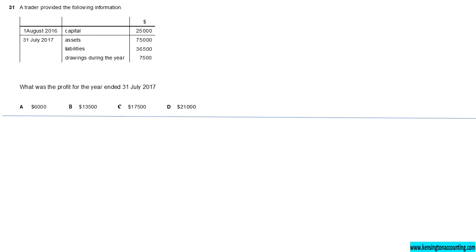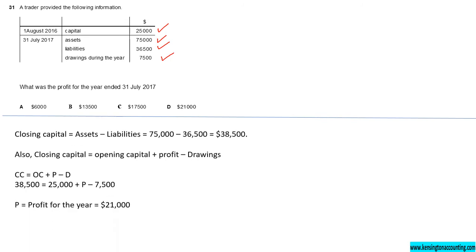Question 31 is about movements in the capital account of a trader, and it is also about the accounting equation. We have been given opening capital, then assets and liabilities during the year, and also drawings for the year, and we need to calculate the profit for the year.